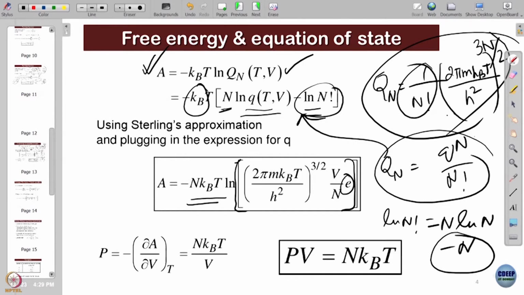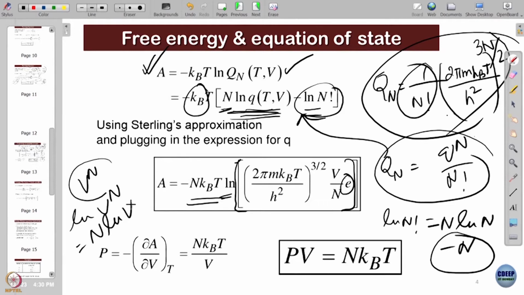So the important thing to understand now is that everything is logarithmic. There will be a logarithmic v term, because it is v to the power n. That comes from the volume integral, and when I take ln, that part is ln v to the power n, so that becomes n ln v.